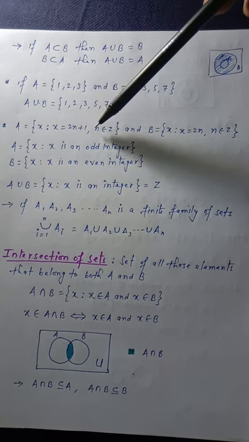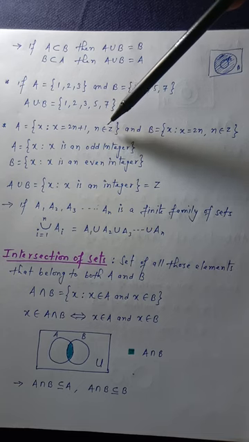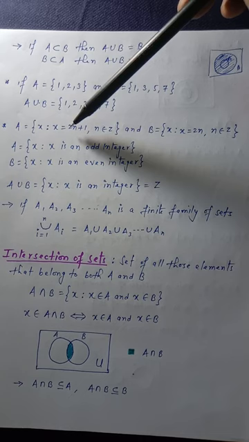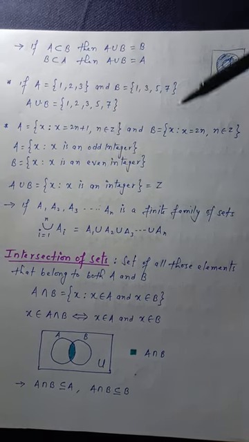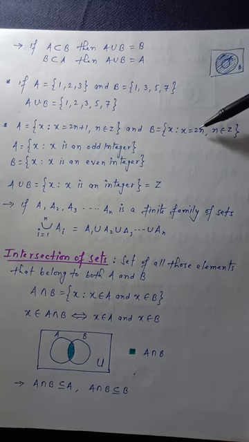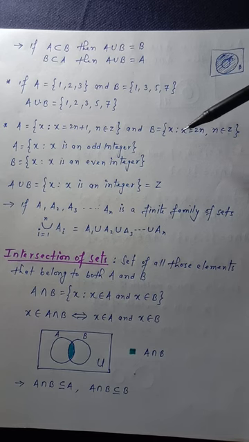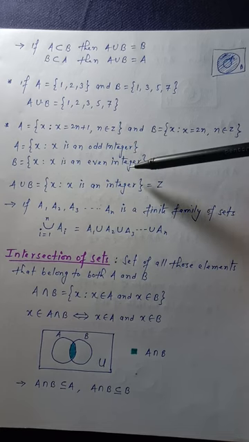So basically we will get all the odd integers when we put n belongs to Z. So A is a set of odd integers, and in set B when we put 0 we get 0, for 1 it is 2, and for 2 it is 4. Similarly for minus 1 it is minus 2, and for minus 2 it is minus 4. So B is a set of even integers. So indirectly we can say A is a set of odd integers and B is a set of even integers.